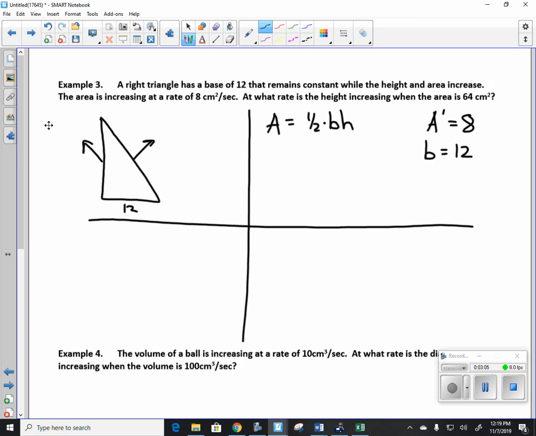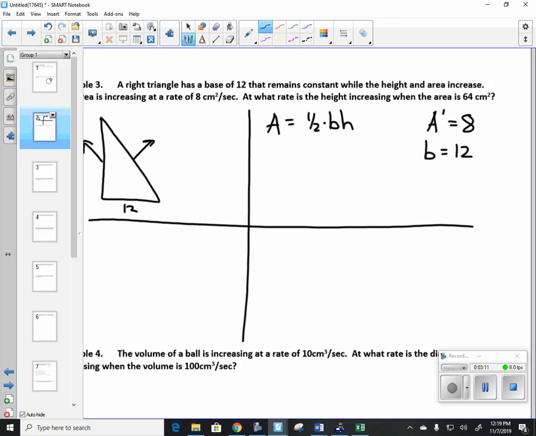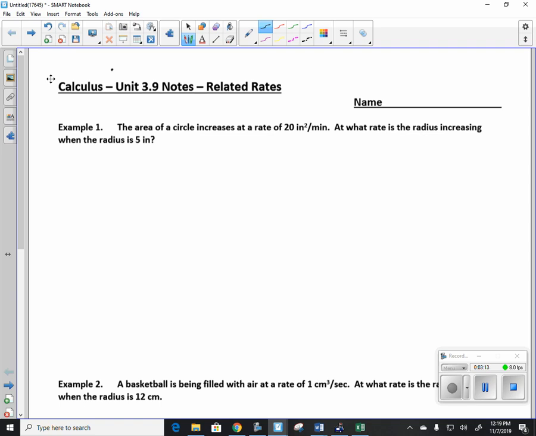No. And this is key. In the last problem we looked at yesterday, it said at what rate is the radius increasing when the radius is 5? Was the radius changing? Yes, so we didn't plug in the 5 until the end. If something is not changing, you can plug it in right away.